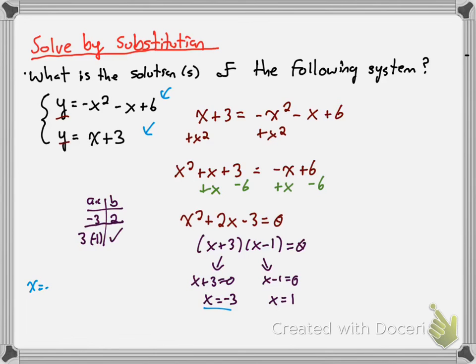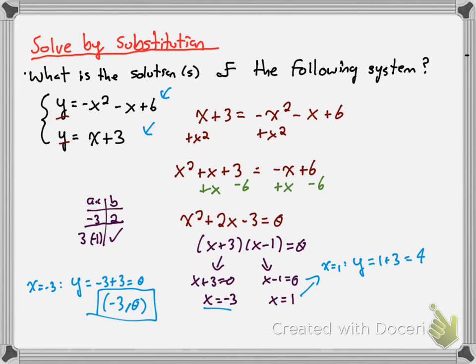So when x equals negative 3, y equals negative 3 plus 3 equals 0. So I have a solution at (negative 3, 0). I also have a solution at x equals 1, y equals 4, and my coordinate here would be (1, 4).